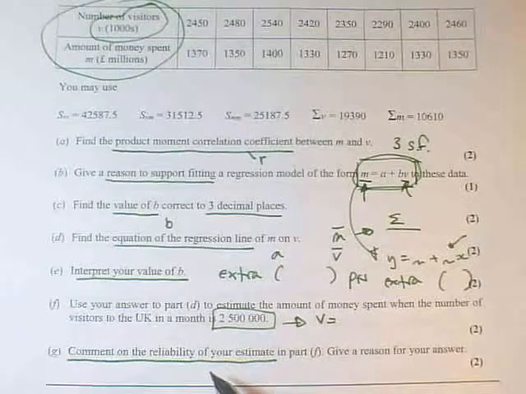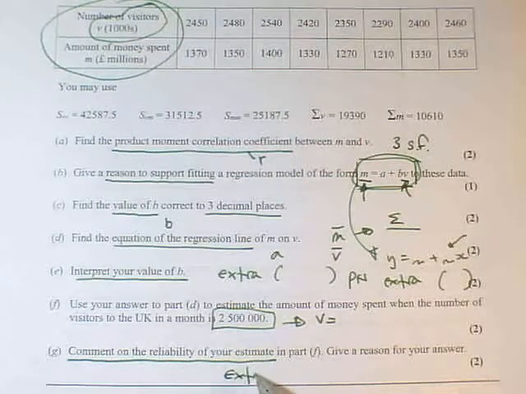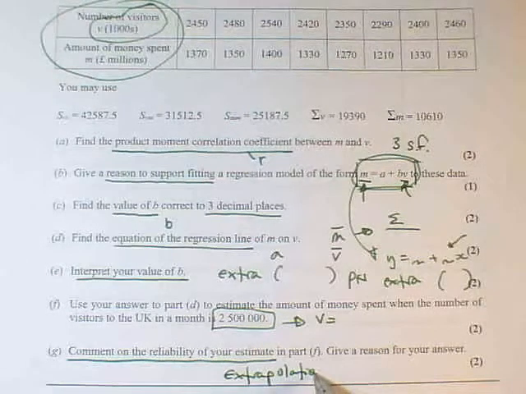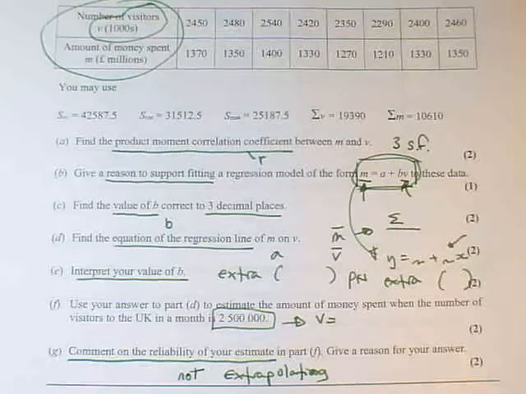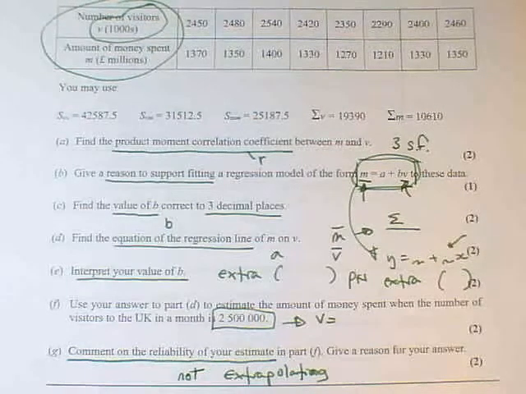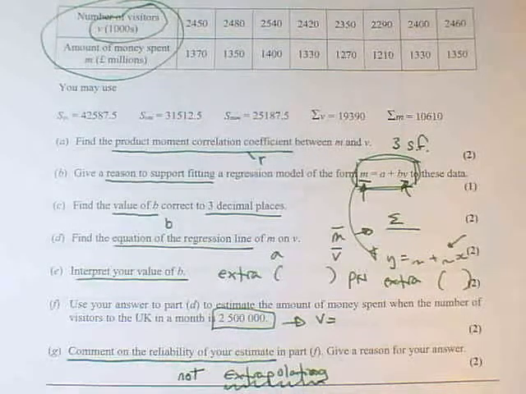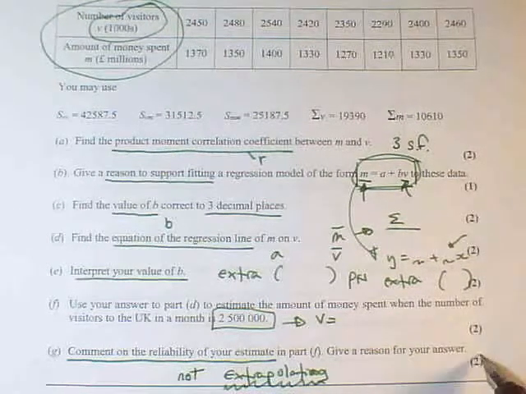Or if you prefer, you can just focus on the word extrapolation, and you either say it is extrapolating, if it's extrapolating. You'll probably get away with saying not extrapolating if what you mean is you're interpolating. So you can just use this one word, extrapolating, and say whether you are or not, and if you're extrapolating it's not reliable, and if you're not extrapolating then it is reliable, and that should be 2 easy marks.